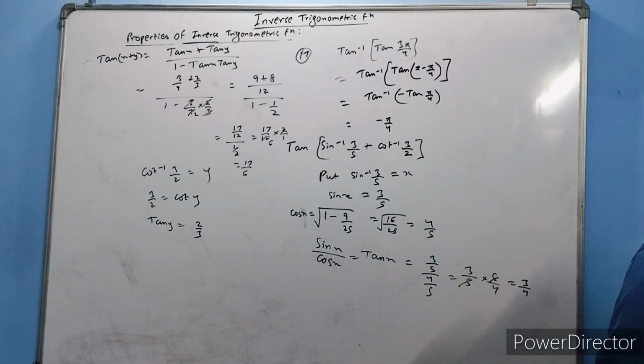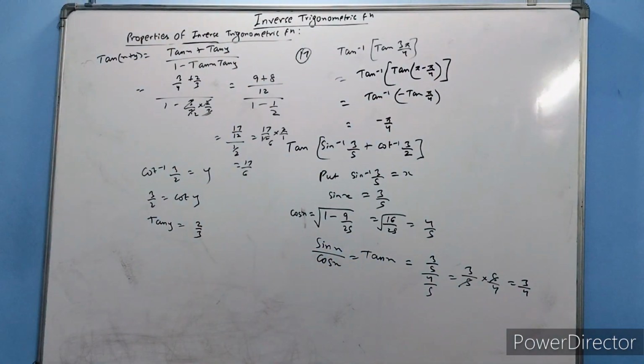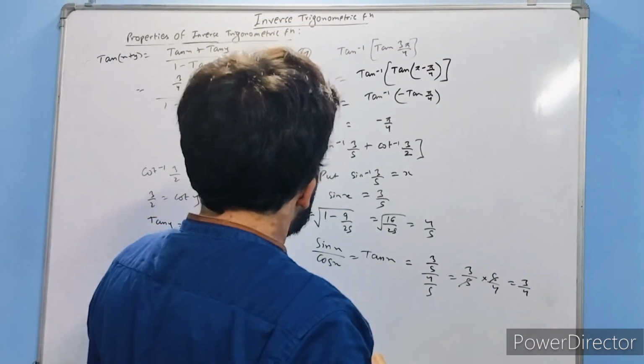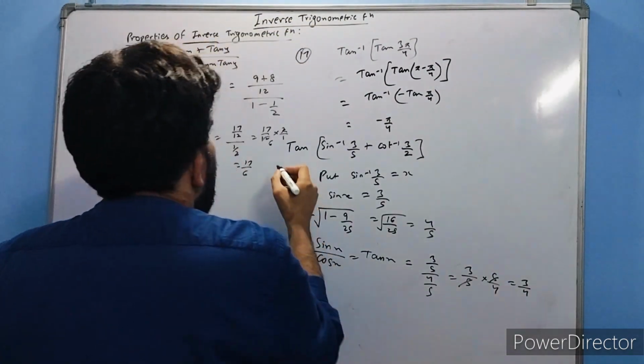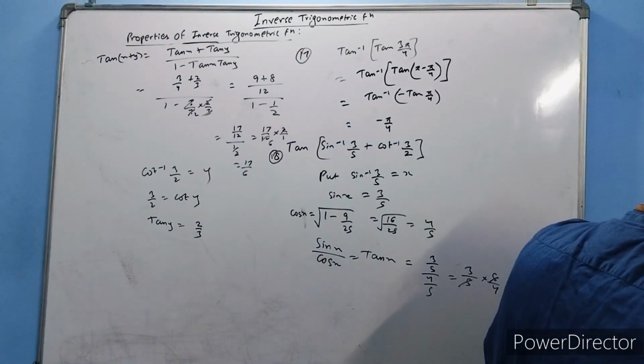So now let us try to solve another question we have. We have just solved the 18th. Now we'll try to solve the 19th. It is a very simple question.